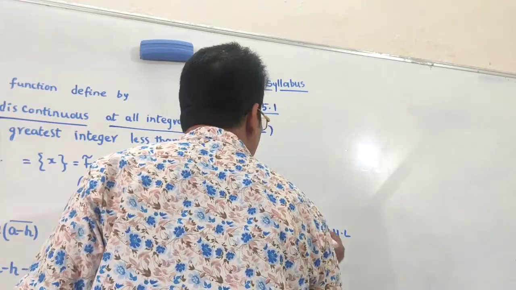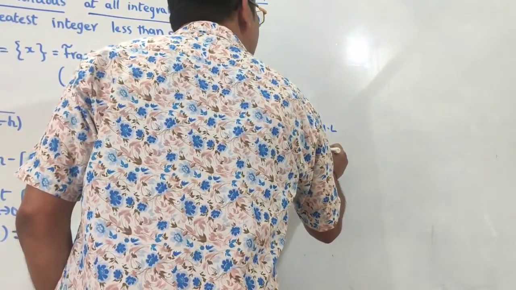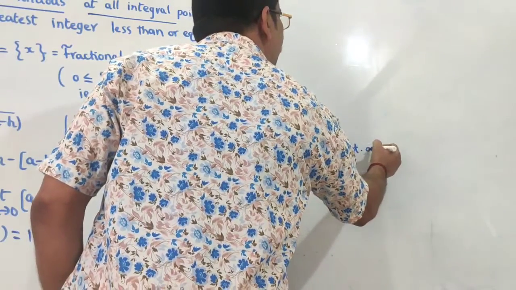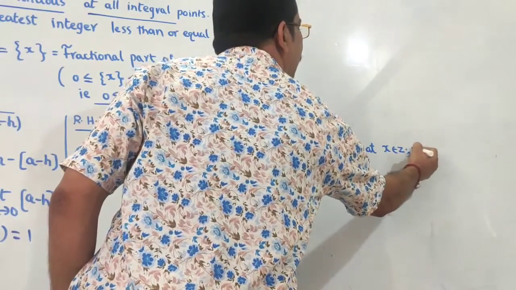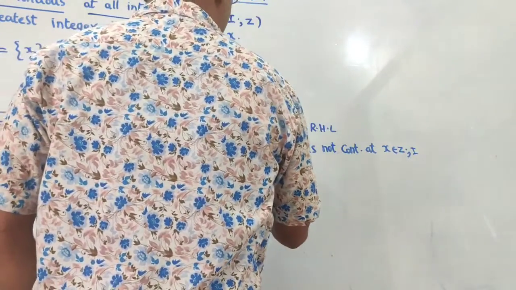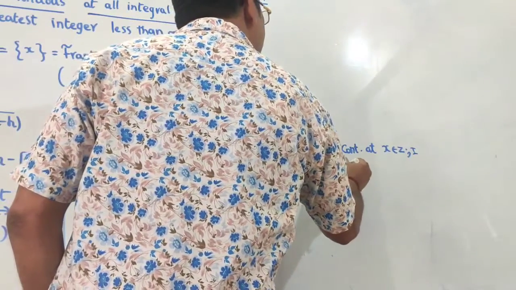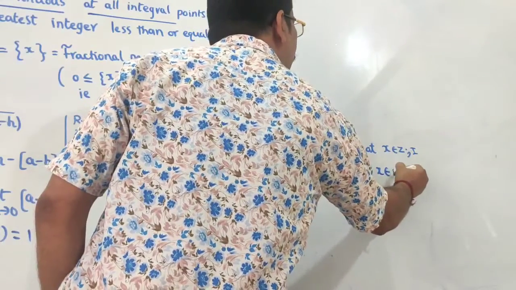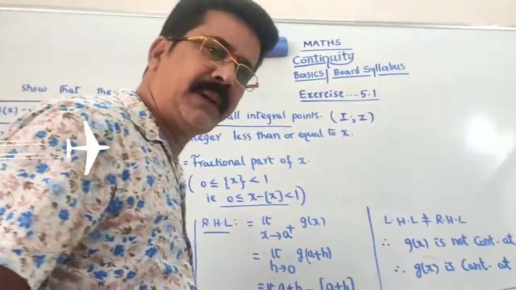So therefore g of x is not continuous at x belongs to Z, any integer. Therefore g of x is discontinuous at x belongs to I. Hence this problem is very important.